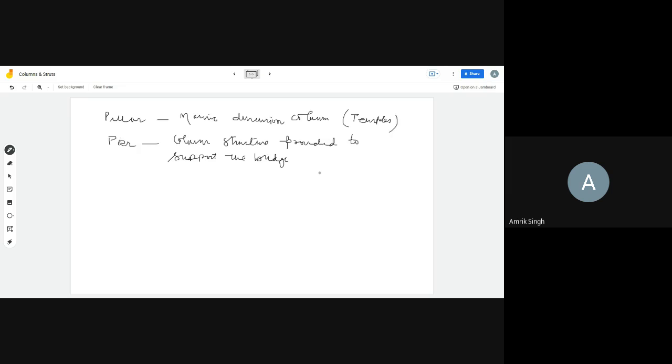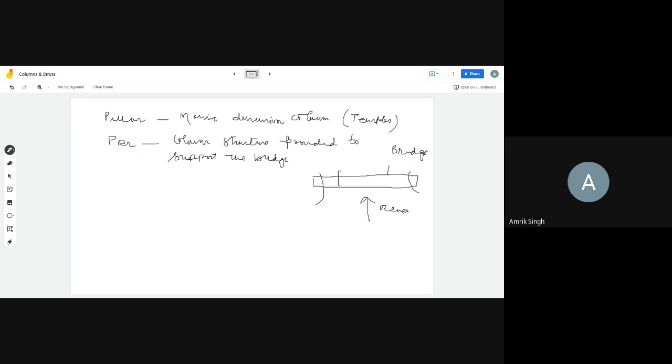So it is like this. Here we have the river and there is a bridge on this river. This is the bridge. And this is the river.